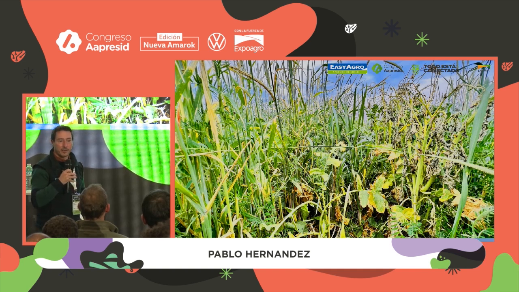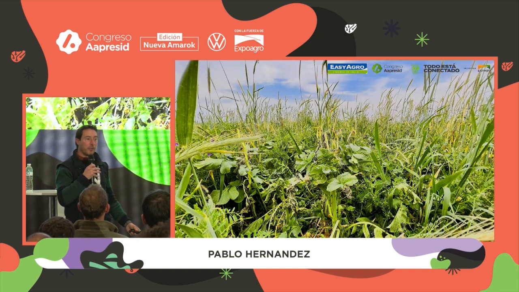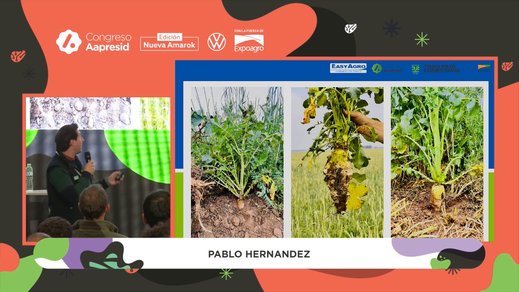The idea was to have different root systems to help improve the structure of the soil, giving a biological contribution and helping the biodiversity of the soil to improve its structure.